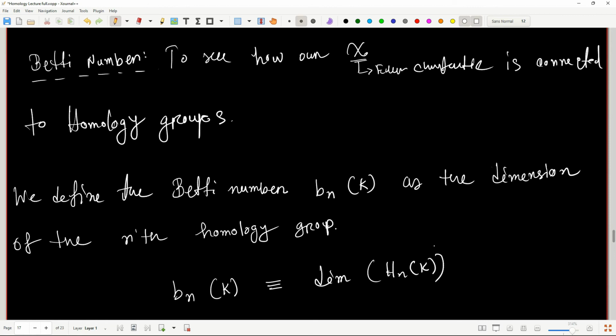Okay, and the Euler-Poincare theorem that we talked about a lot earlier relates the Betti number with the Euler number in the following manner.